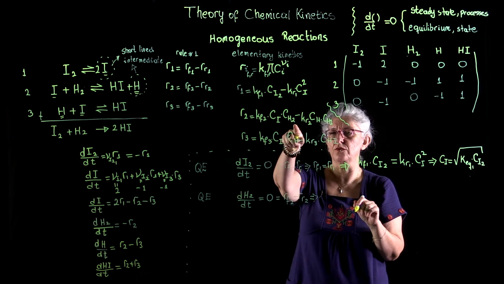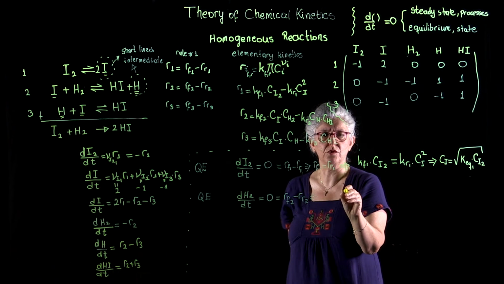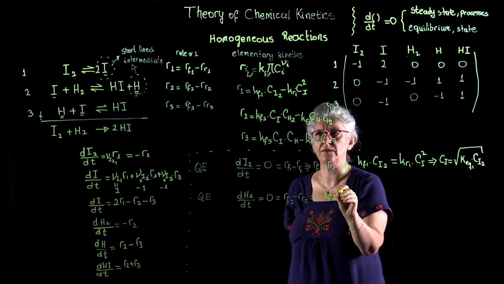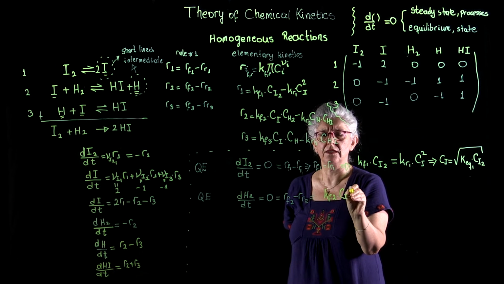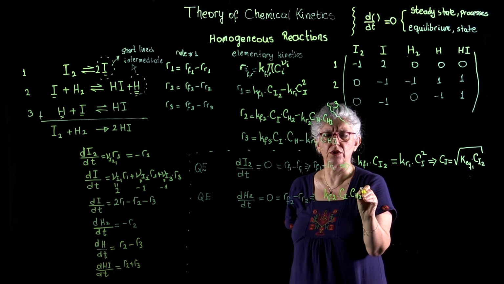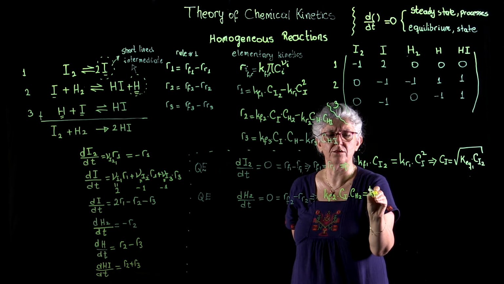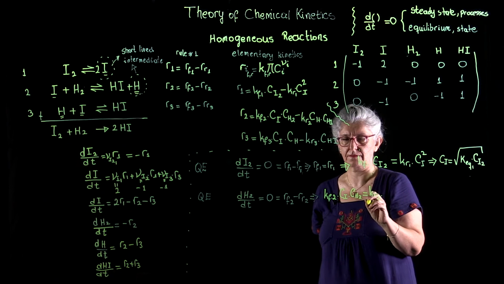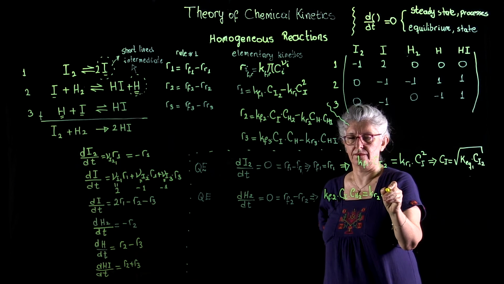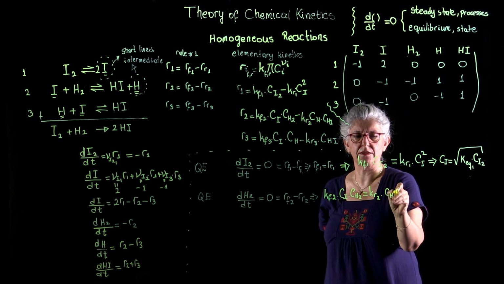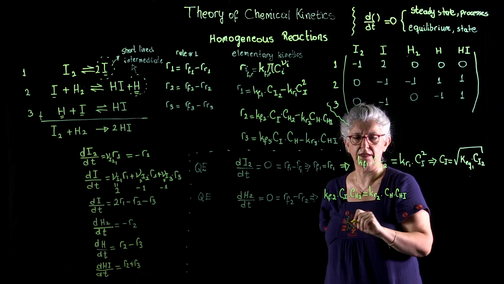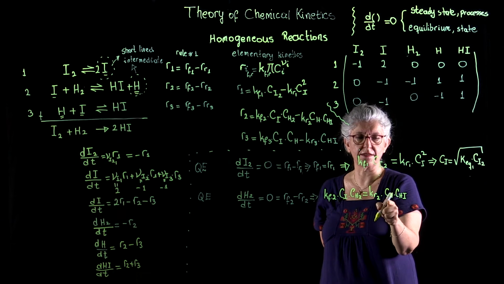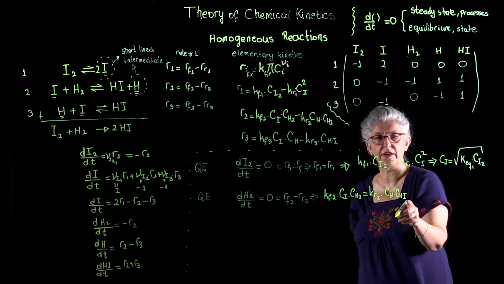Rate forward 2 is equal to rate reverse 2, or K forward 2 times C_I times C_H2 is equal to K reverse 2 times C_H times C_HI. And this expression allows me to obtain the concentration of the short-lived intermediate hydrogen atom.